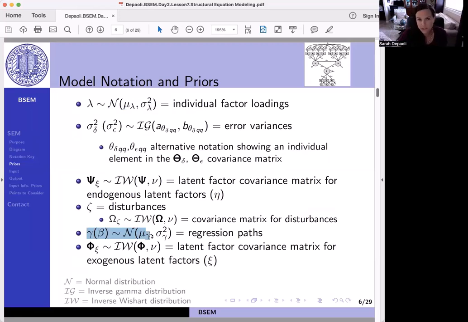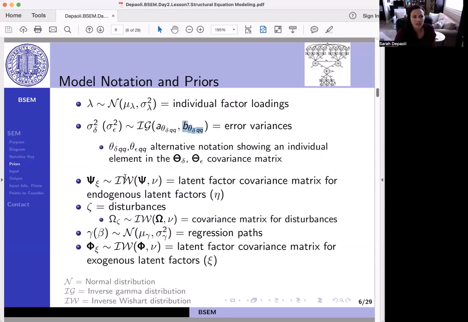We have normal distributions on them, and those normal distributions are governed by a mean and a variance hyperparameter. Anytime we have a variance, like we see here, we can use an inverse gamma distribution. That's governed by a shape and a scale hyperparameter.